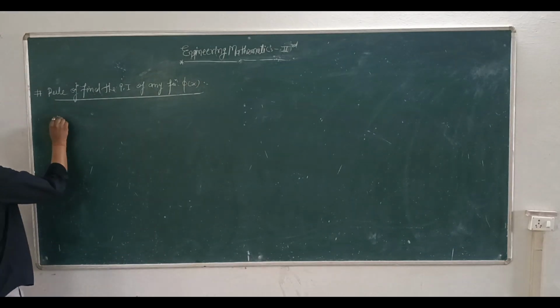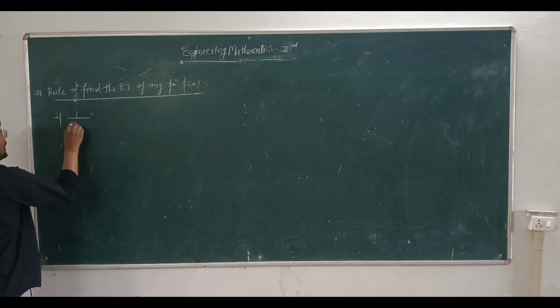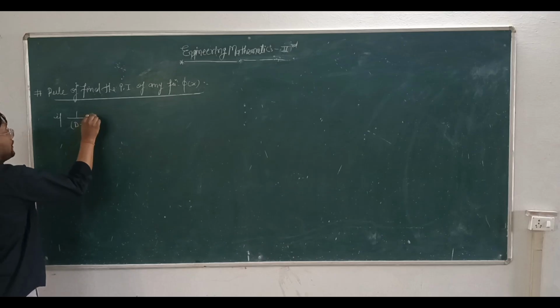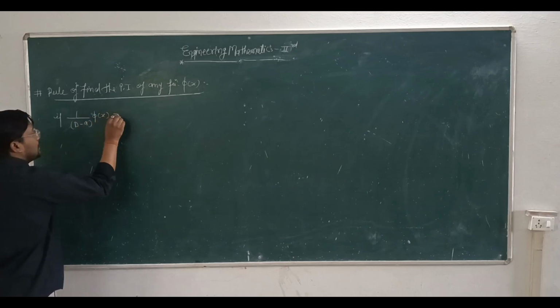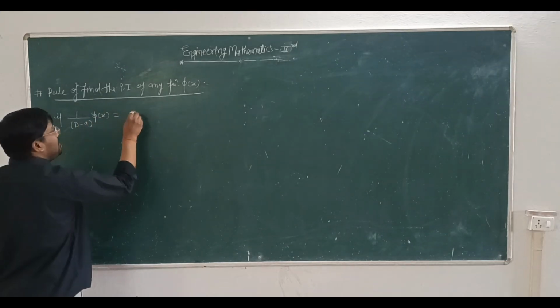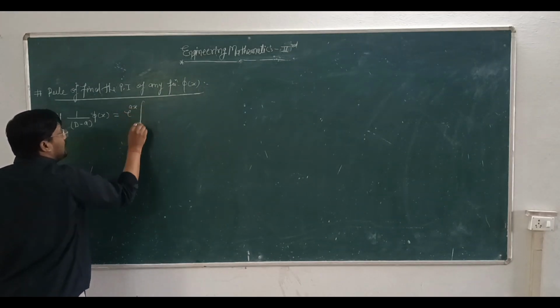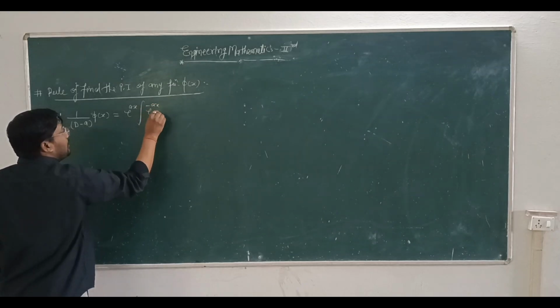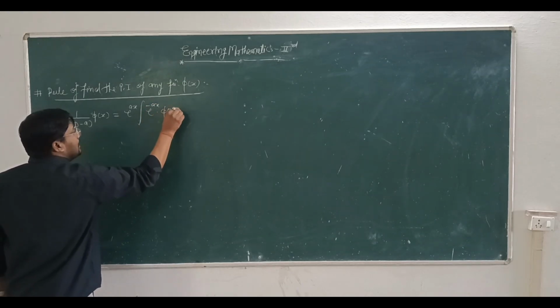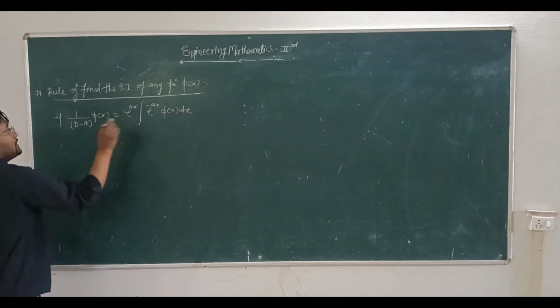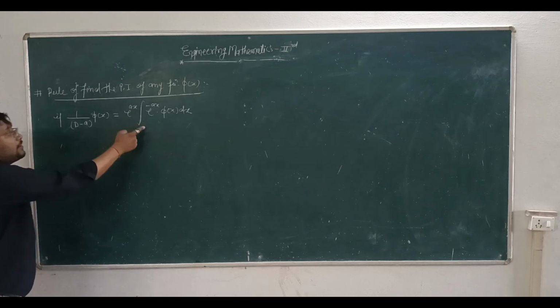You can note down, if 1 upon D minus a phi x is a PI, now you can write 1 upon e to the power ax integral e to the power minus ax into phi x dx. This is your function and this is your PI.